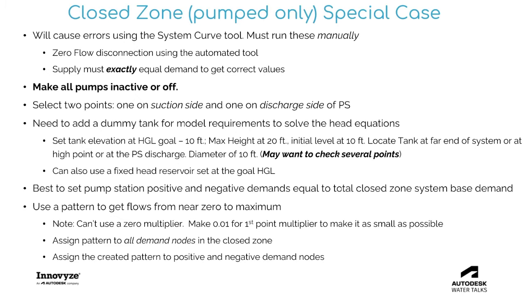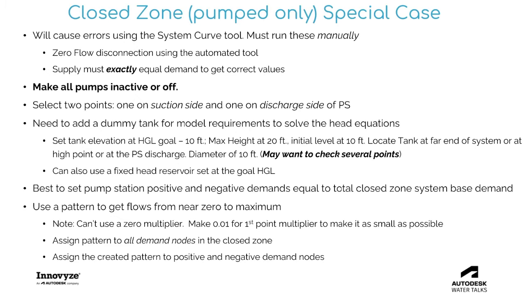We're going to need to identify a tank on the discharge side where that is going to set the hydraulic grade line requirements for the closed zone. And essentially that's going to be based on what the pressure requirements are. Usually I know I've got some minimum pressure requirements in my closed zone.